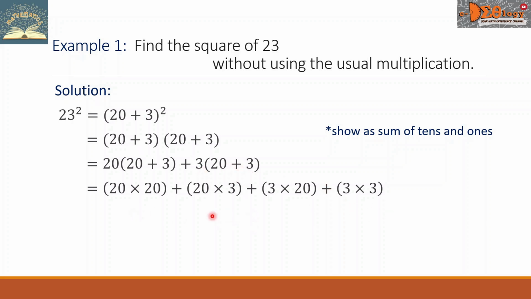Then we simplify the corresponding products. 20 times 20 is 400 plus 20 times 3 is 60 plus 3 times 20 is 60 plus 3 times 3 is 9. Then the final sum is 529.